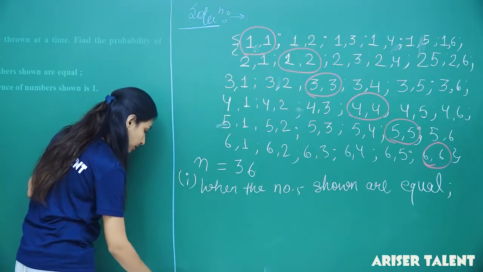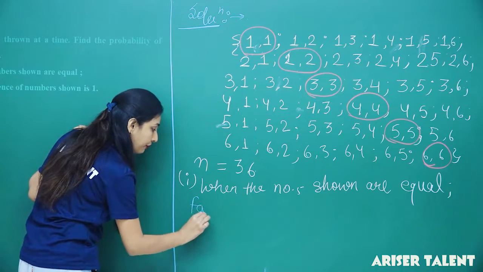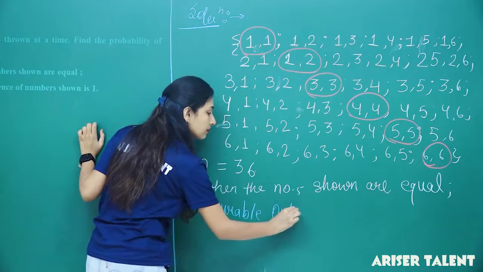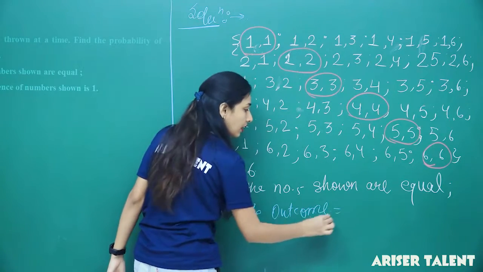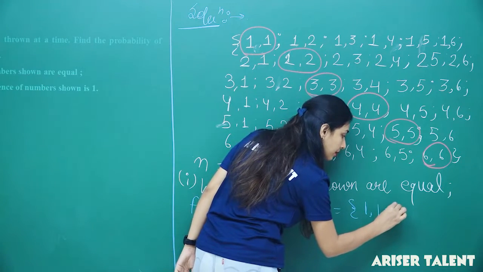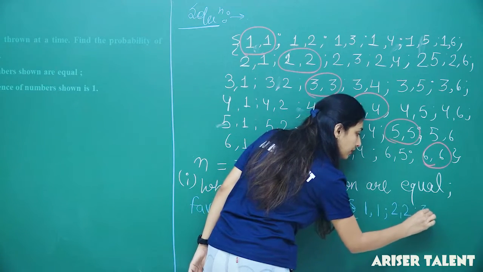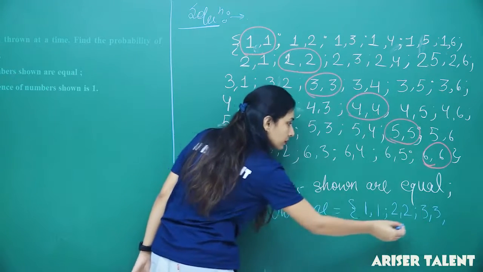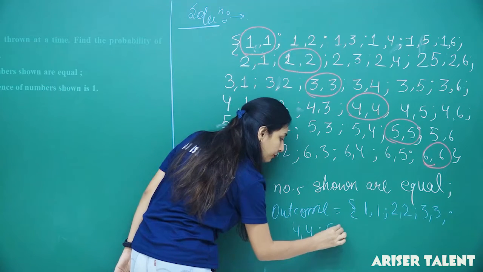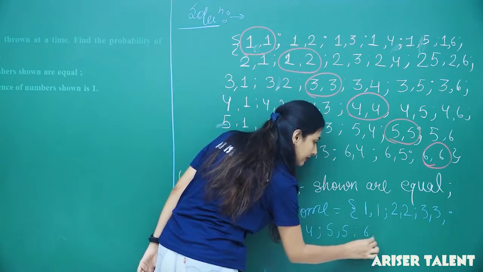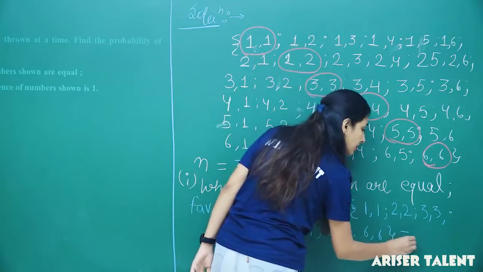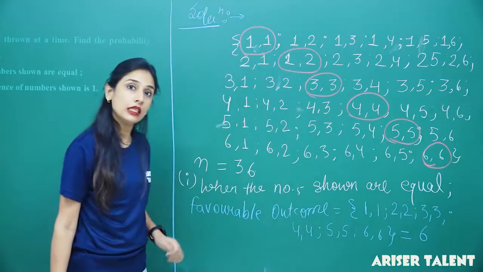Okay. So favorable outcomes are 1,1; 2,2; 3,3; 4,4; 5,5 and 6,6. Right? That is a total number of outcomes of 6.